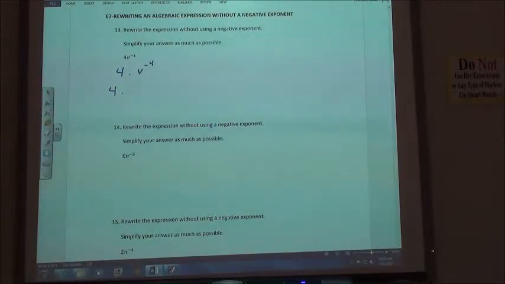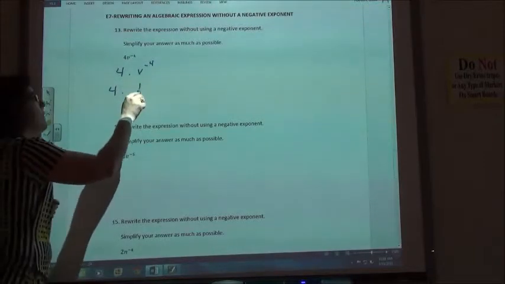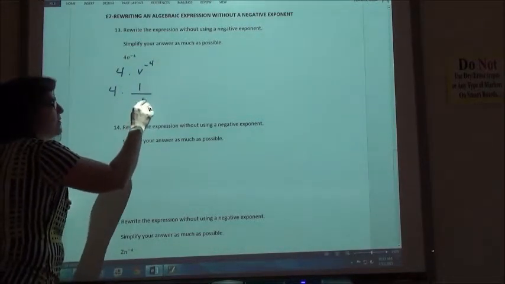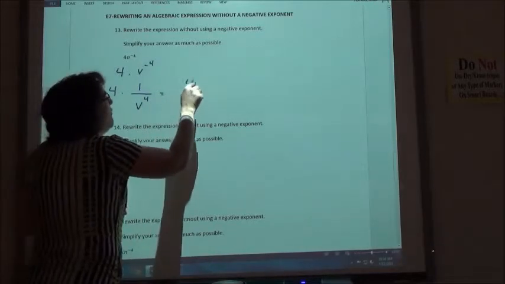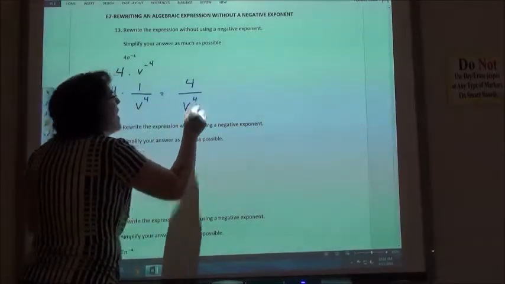What would be the reciprocal of that? 1 over v to the 4th power. So when I combine that, I get 4 over v to the 4th power.